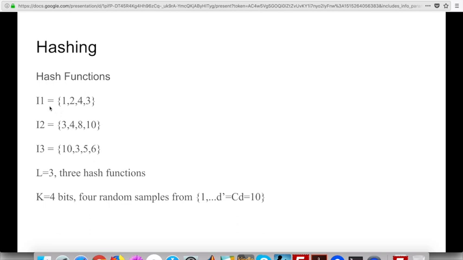So here are my 3 hashing functions: I1, I2, I3. These numbers are randomly sampled, so if you want to do this on your own, you will probably sample different 4 numbers, but the basic idea is that we need to sample 4 numbers.